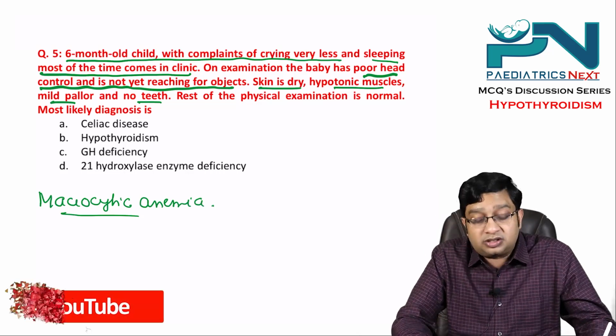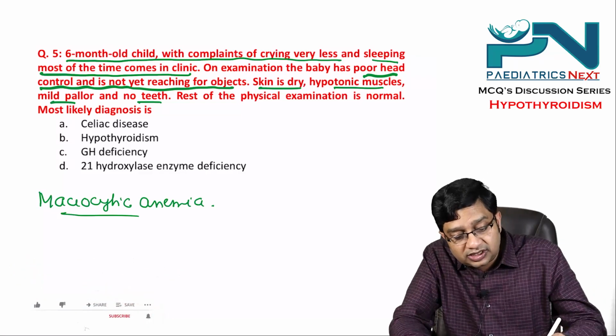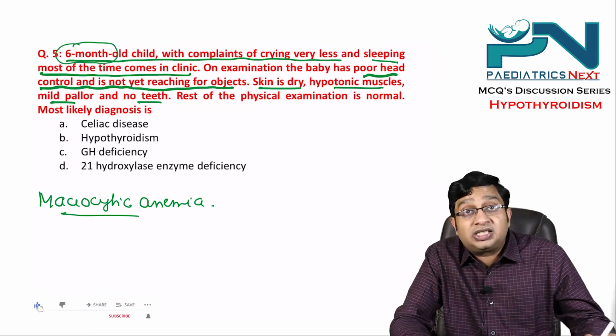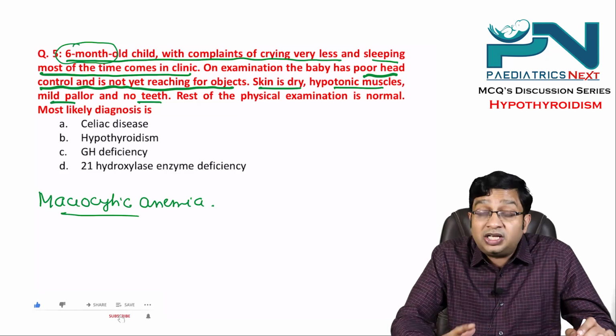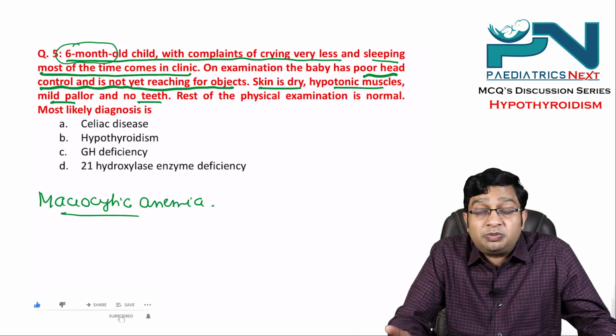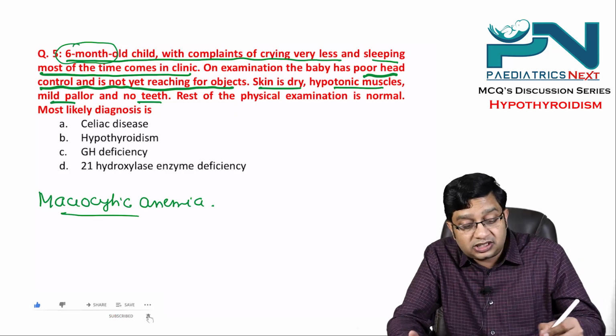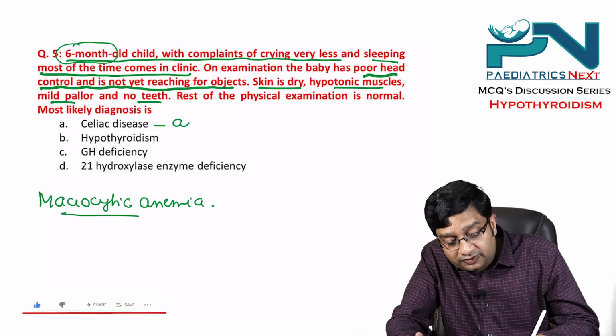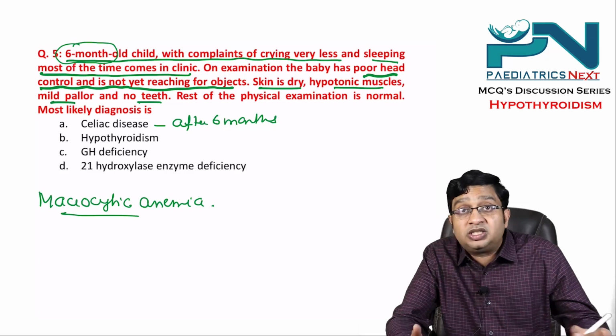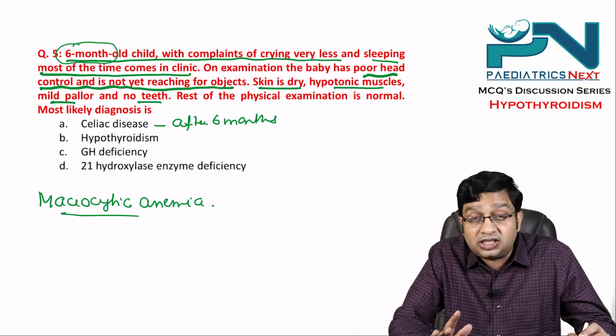Most likely diagnosis is. Now here given is a 6-month-old child, and what we assume, unless history is given, the child must be on exclusive breastfeeds. And celiac disease mostly manifests after 6 months when you introduce the cereals into the diet. So that is not the case.